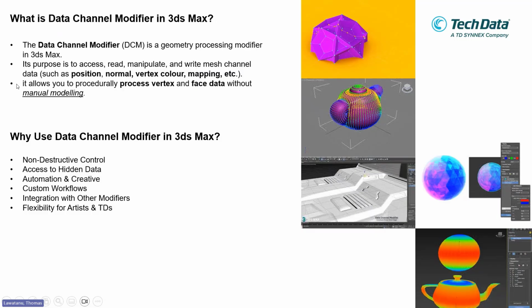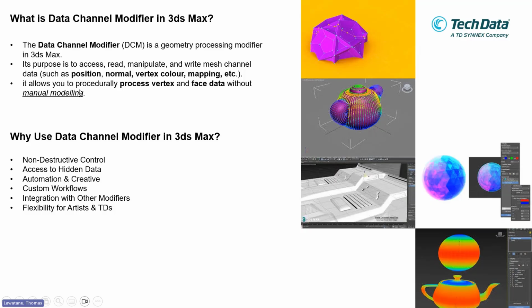Let's say when you do some modeling, you deal with vertex positions, and any kind of modeling you do will be dealing with your project. That's why it helps you modify, create and map more easily using the Data Channel modifier, or DCM, right?